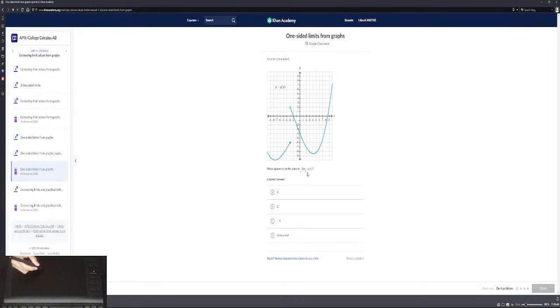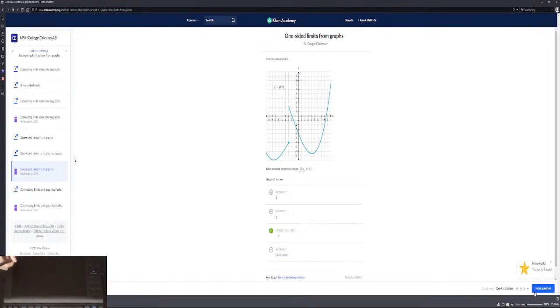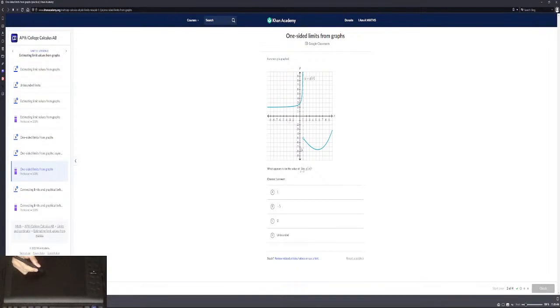So as the function approaches -3 from the negative direction, the limit is -6. As the limit approaches 1 from the positive direction, the limit is -5. As the limit approaches -3 from the negative direction, the limit is 6.